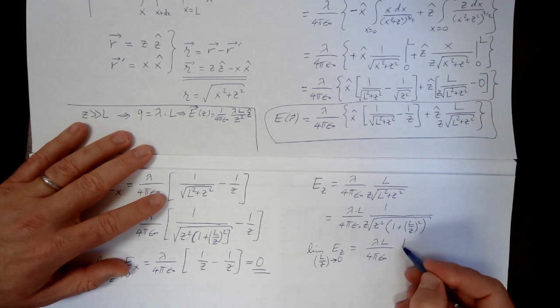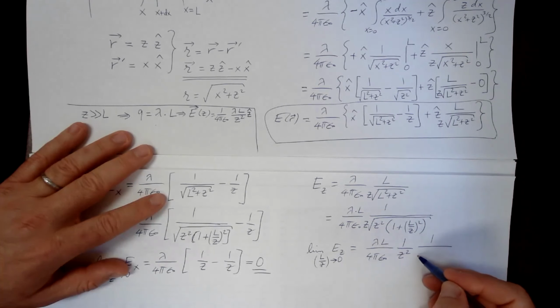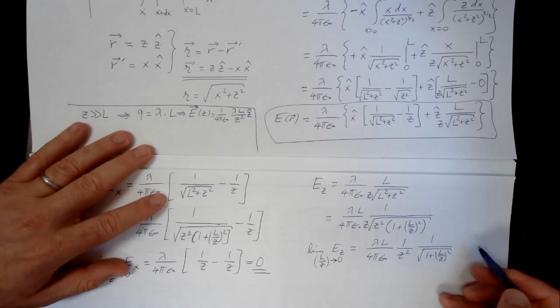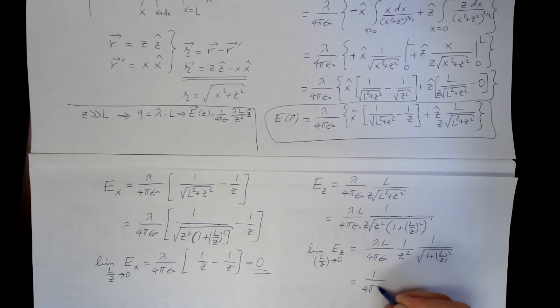I have a z squared. And then the rest is basically 1 over root of 1 plus L over z squared. Again, this term goes to 0, and this is 1. So the rest will be 1 over 4 pi epsilon naught lambda L over z squared.